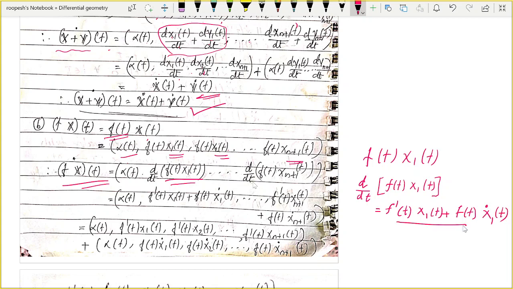Like that, n plus 1 terms will be there. Now you combine those terms which have f dash of t in common, and in the second bracket you write those terms which have f of t. So you can split this into two brackets: one having f dash of t as common, and the other, the vector part, having f of t as common.